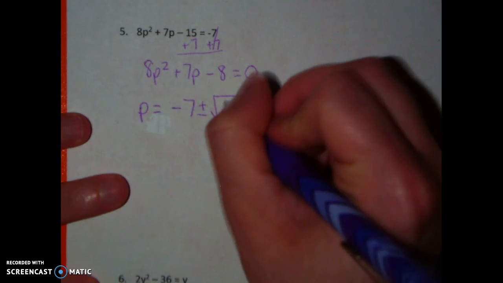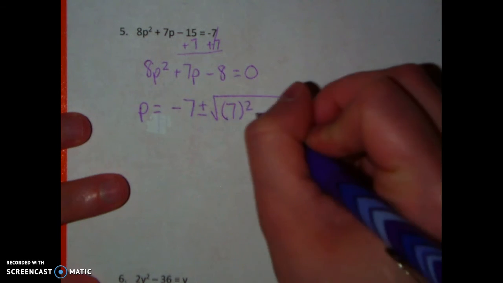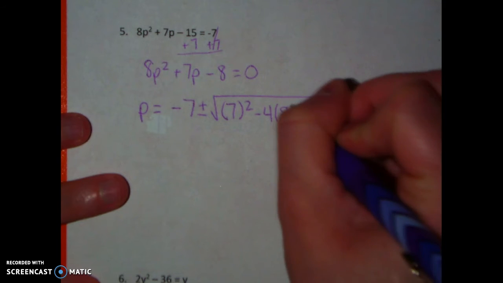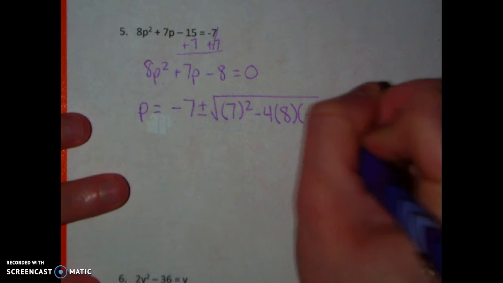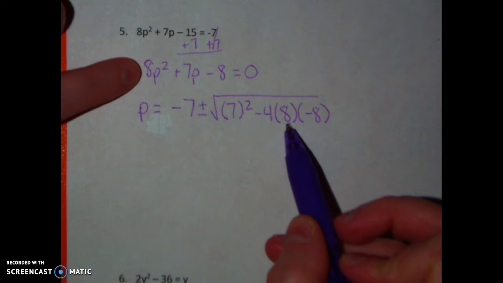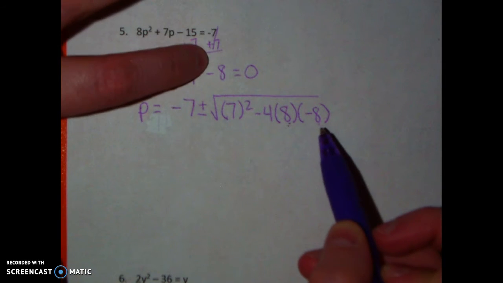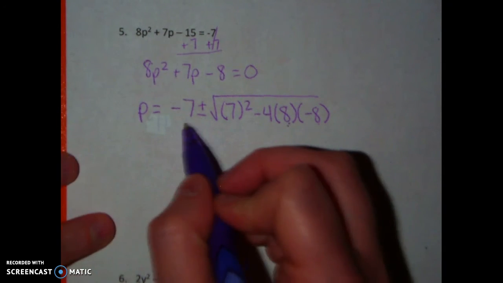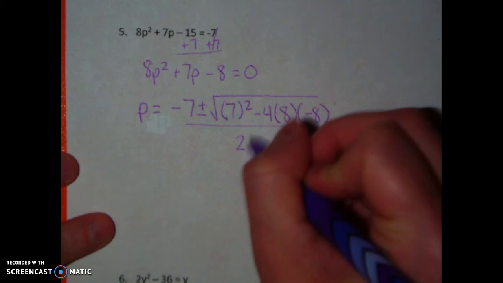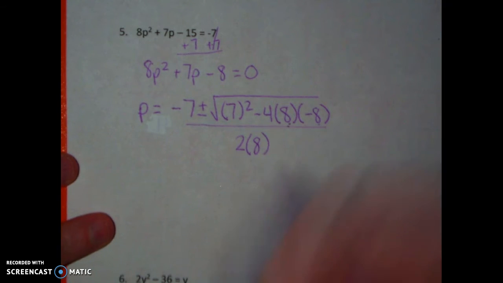P equals negative b, so negative 7 plus or minus the square root of 7 squared minus 4 times 8 times negative 8. That 8 comes from right there, the negative 8 comes from right there. And that is all divided by 2 times a, which is 8.